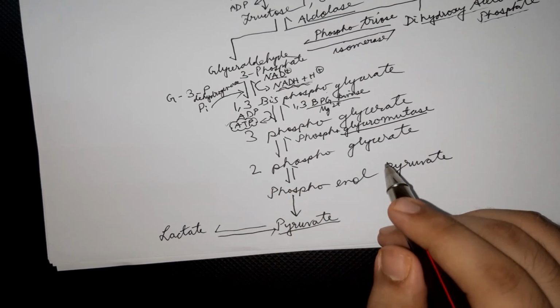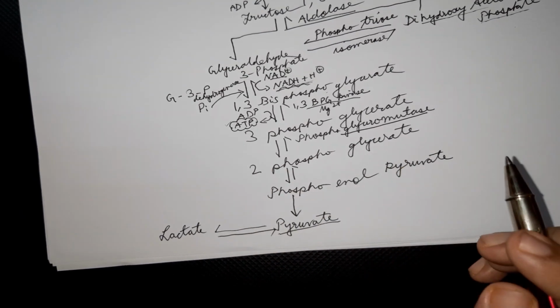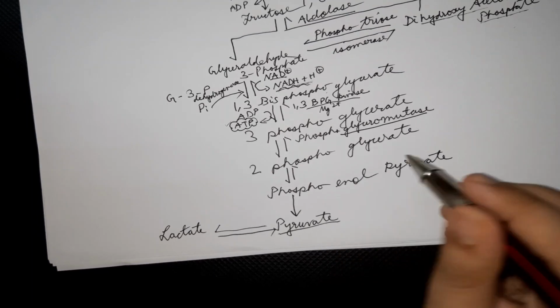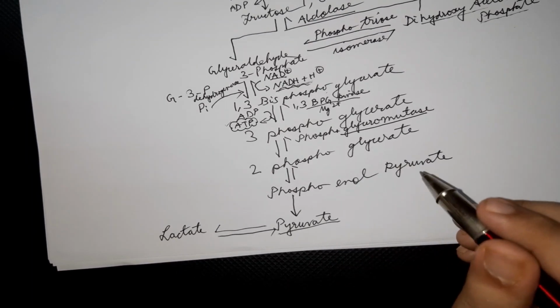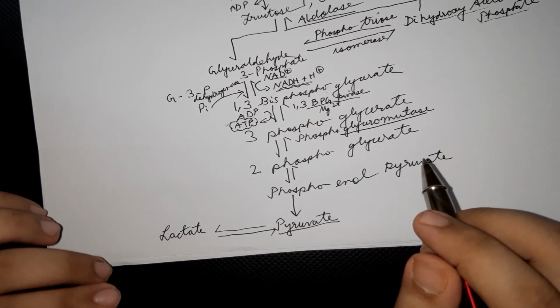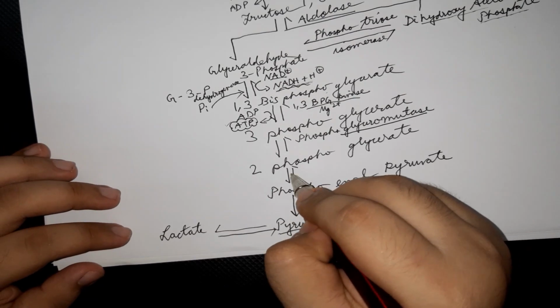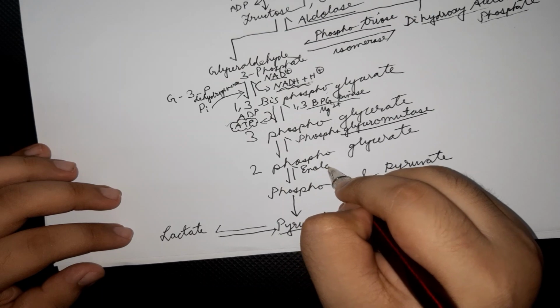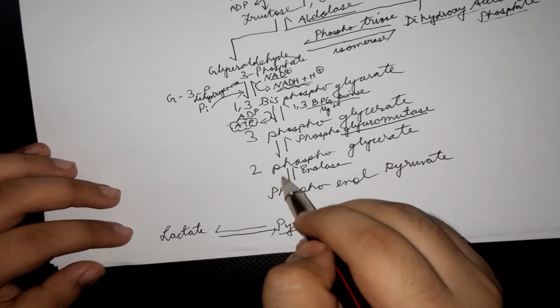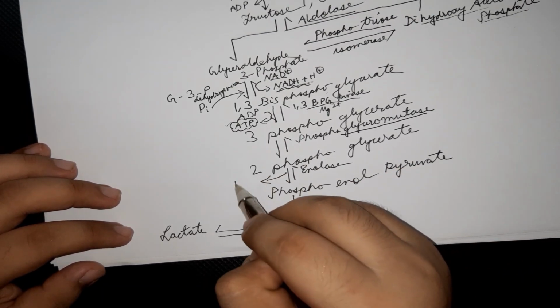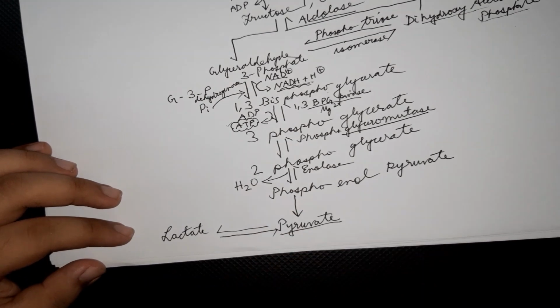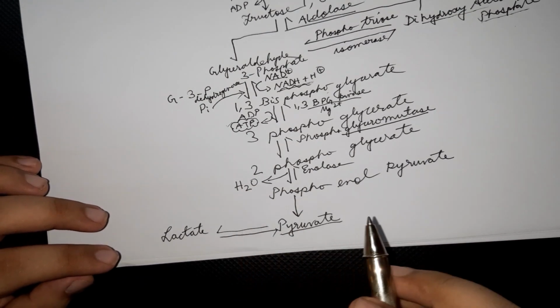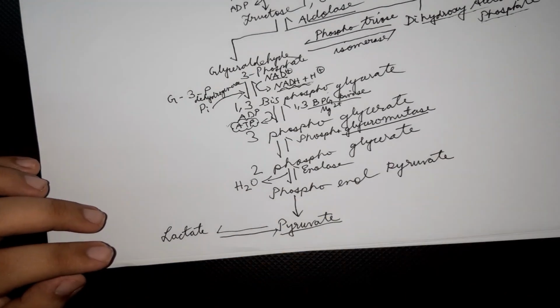So 2-phosphoglycerate is formed. The next step, 2-phosphoglycerate to phosphoenolpyruvate, is another important step, because the enzyme is obviously enolase, and here dehydration takes place. So one molecule of water is given out.